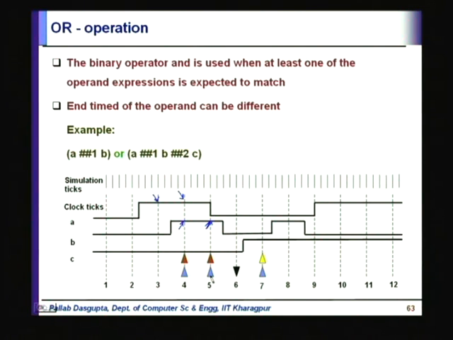So, you get another match here, and then you get A here, you get ##1 B and ##2 C here. So, you get another match here. So, these are all matches for this. Do you follow, right?